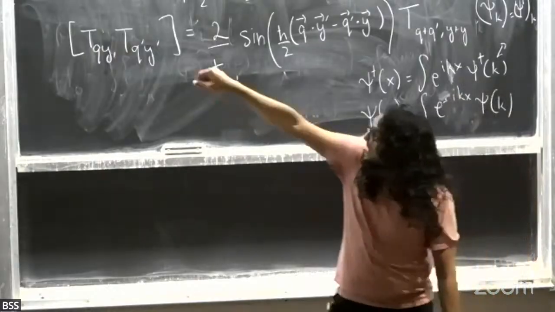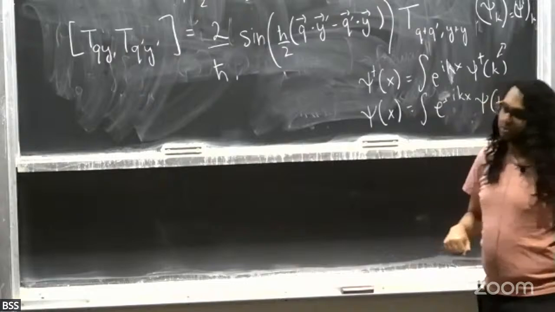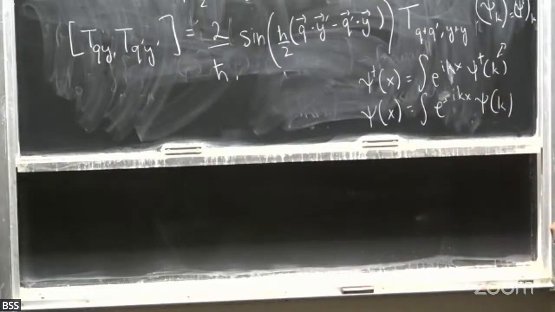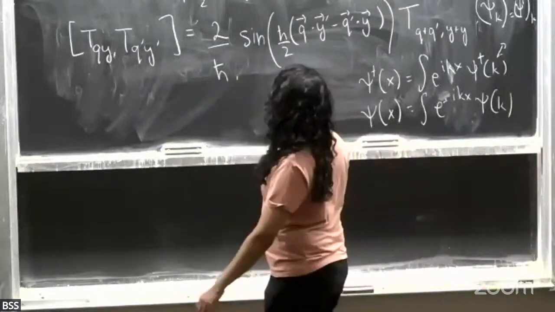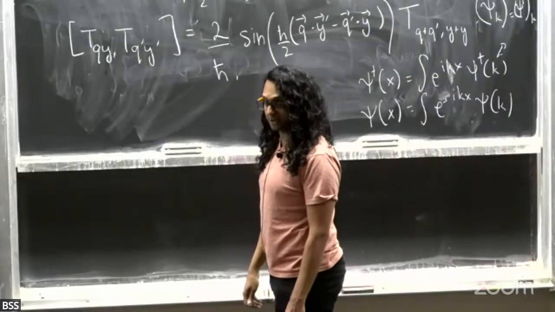No, y is the relative coordinate up there, x1 minus x2. So p is the average location of this particle-hole. Center of mass in momentum space is not conjugate to center of mass in position space.